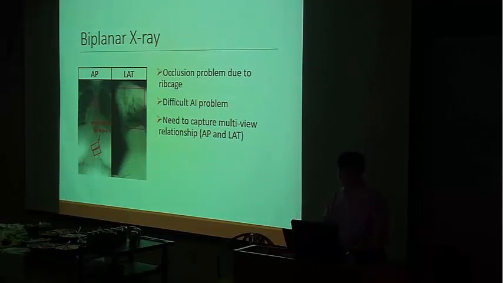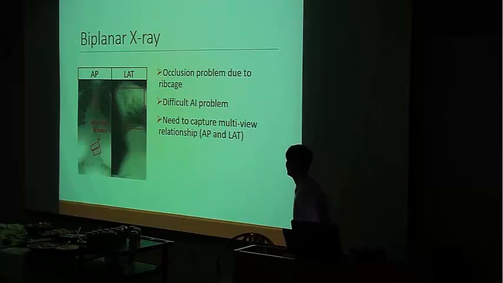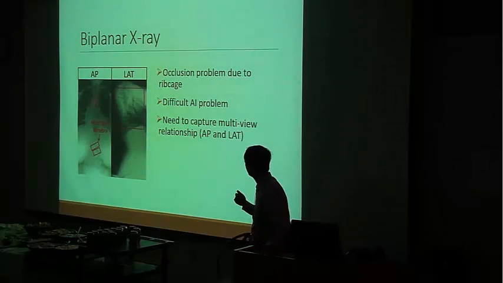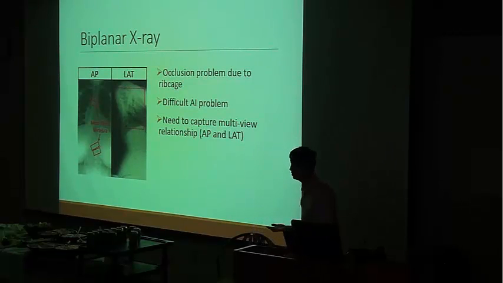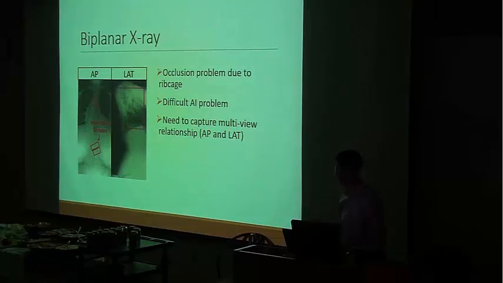Now, for the current work in the literature, people have only looked at the front to back images, and the reason for this is that, as you can see, it's very difficult to find the vertebra in the lateral image due to the occlusion by the rib cage.